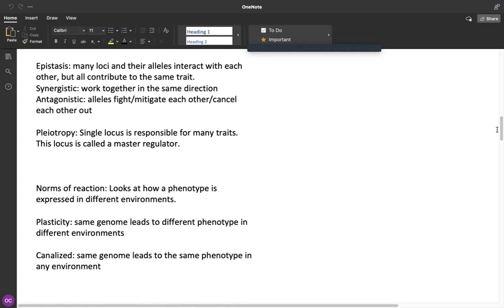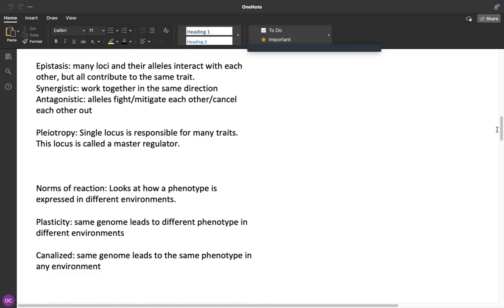Epistasis is when many genomic loci and their alleles interact with each other, but all are contributing to the same trait. We've talked about eye color or hair color, so many different loci are adding together to determine that characteristic, that phenotype in the individual.